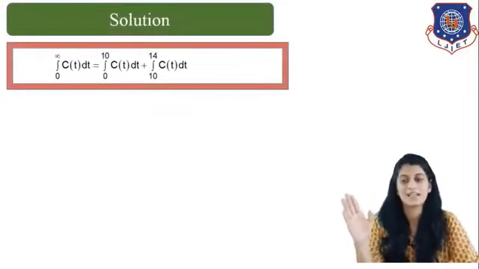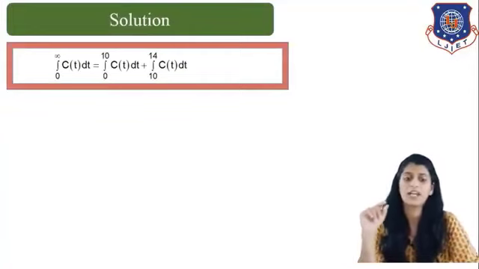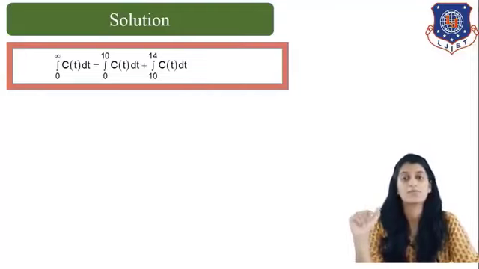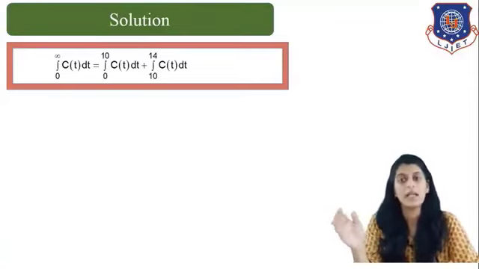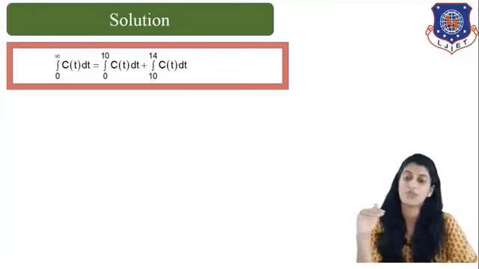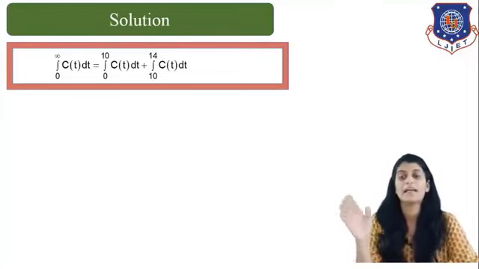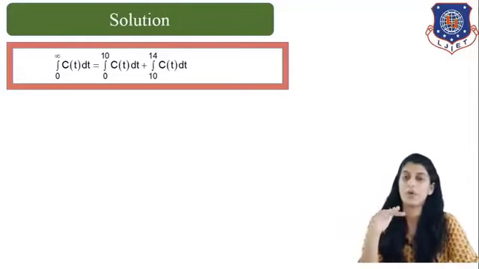As you can see in this particular formula, I have written that to calculate from 0 to infinite, I first need to calculate from 0 to 10, since each point from 0 to 10 has the same interval, right? So integration from 0 to 10 Ct dt plus integration from 10 to 14 Ct dt.